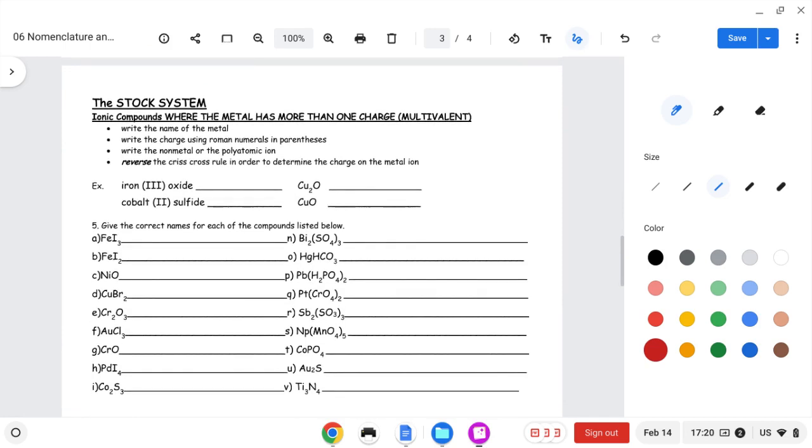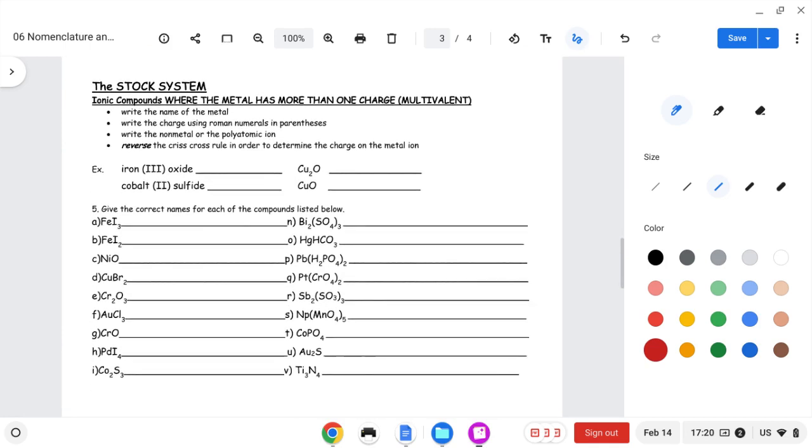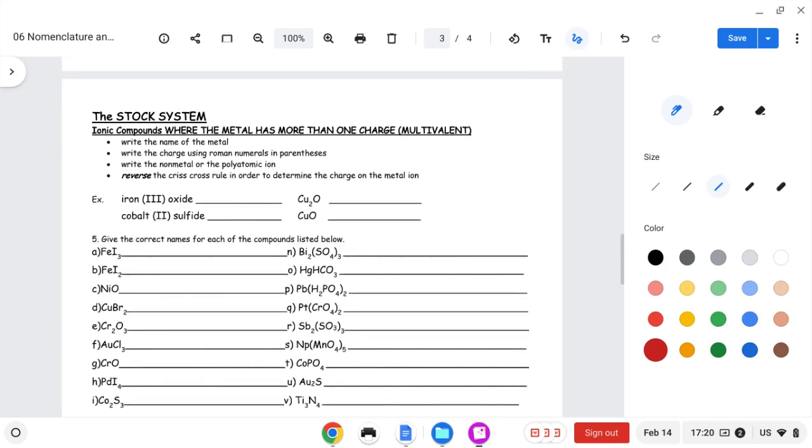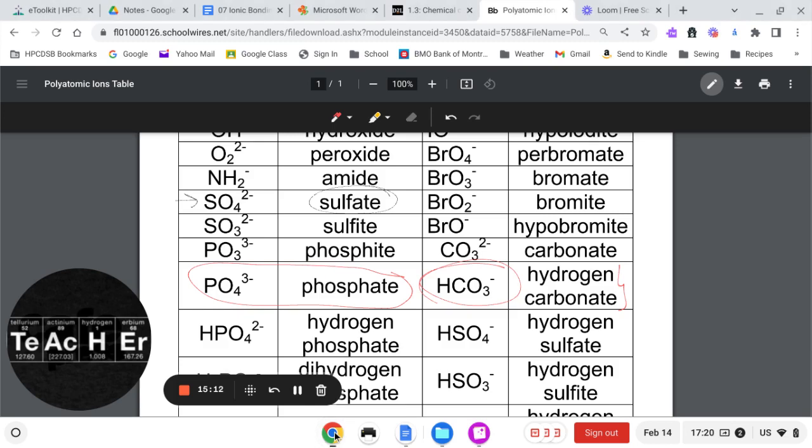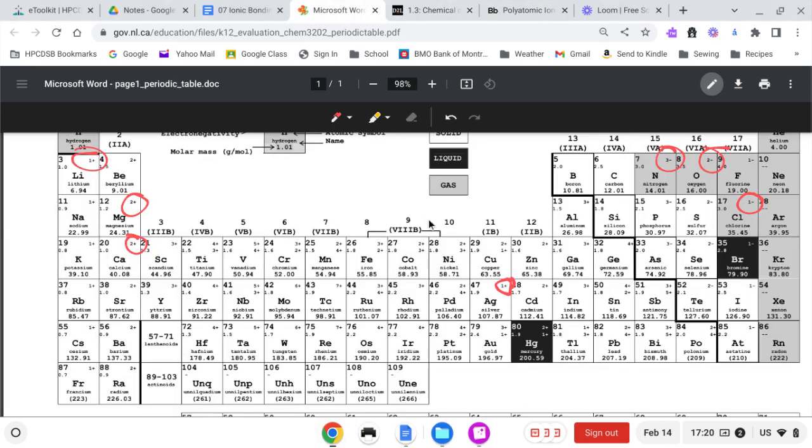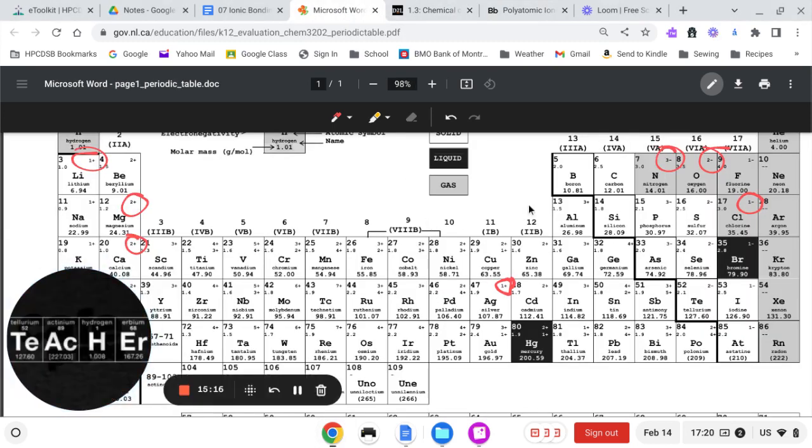Here is the stock system. This is a case where you have certain metal ions that have more than one charge. So we're going to head over to the periodic table again and look at some of these. I'm just going to erase a little bit here, get that out of the way.